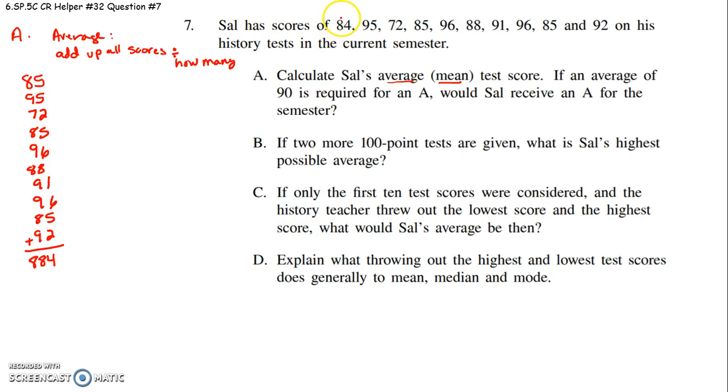Let's see. How many scores are there? 1, 2, 3, 4, 5, 6, 7, 8, 9, 10. There's 10 scores. So then I'll take 884 and divide that by 10. And when you divide that by 10, you get 88.4. So his average, no, he would not receive an A.